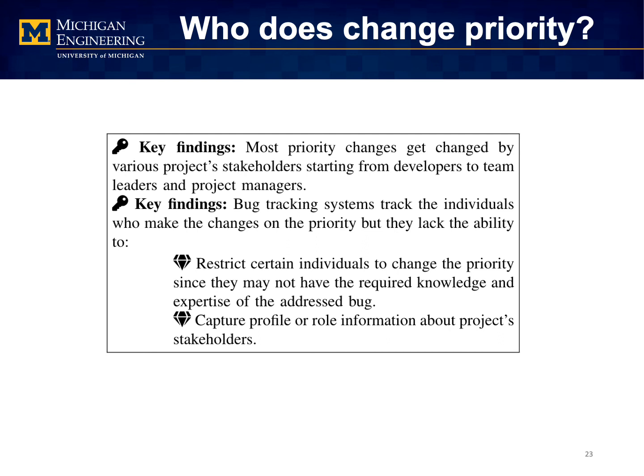In addition, bug tracking systems track the individuals who make the change in priority, but they lack the ability to restrict certain individuals from changing priority, since they may not have the required knowledge and expertise of the addressed bug. Also, they lack the ability to capture profile or role information about project stakeholders.